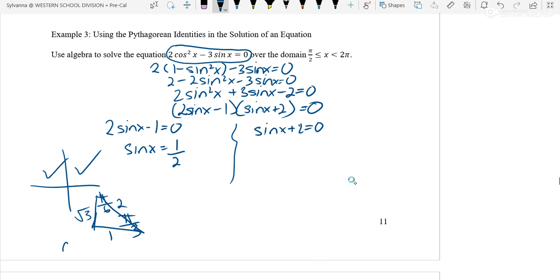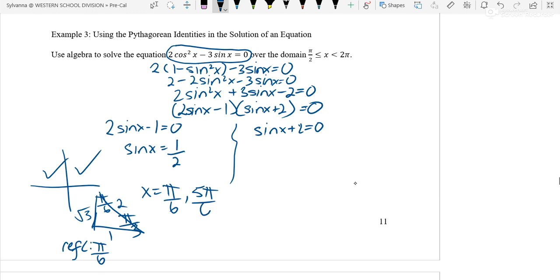So that's my reference angle. So then x is pi over 6, and then quadrant 2 would be 5 pi over 6.